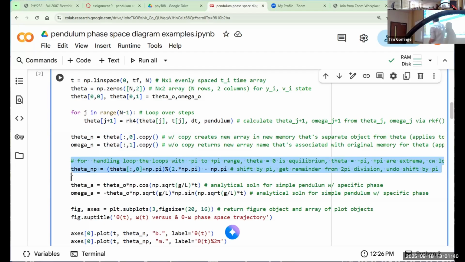I've taken theta again. I could have written this as theta_n, actually. I added pi on.